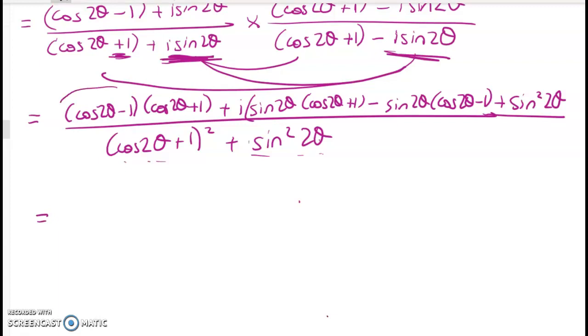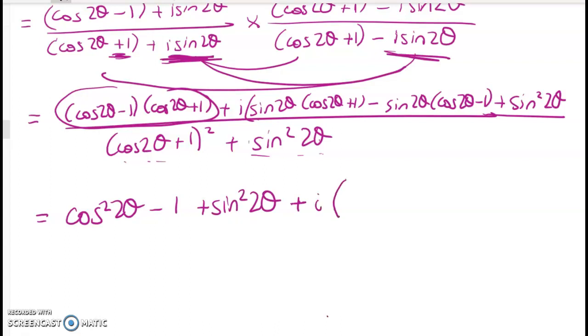So let's do the real bit first in here. We get cos squared 2 theta minus 1 plus sine squared 2 theta. Right, and there's a lot to like about that because that's going to go to 0. Plus i times this sine 2 theta cos 2 theta plus sine 2 theta minus sine 2 theta cos 2 theta plus sine 2 theta.